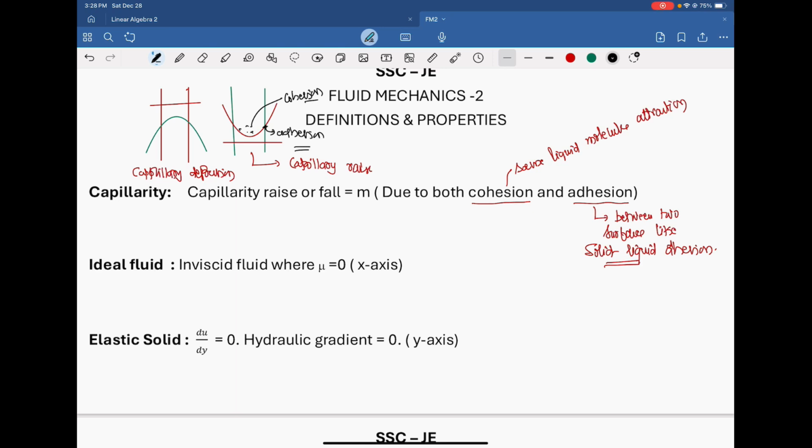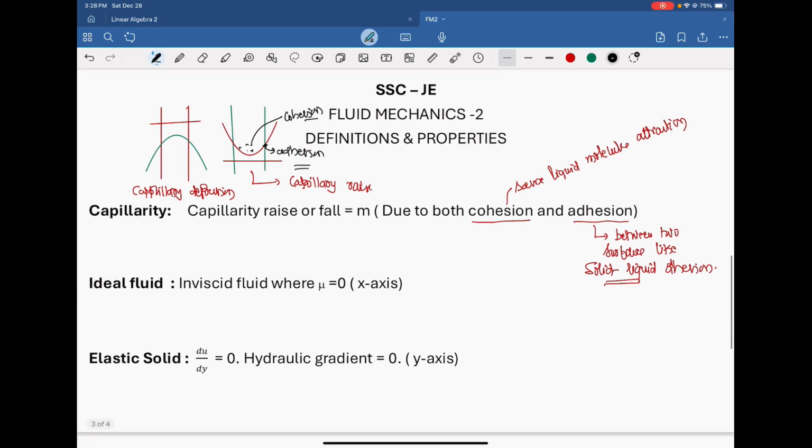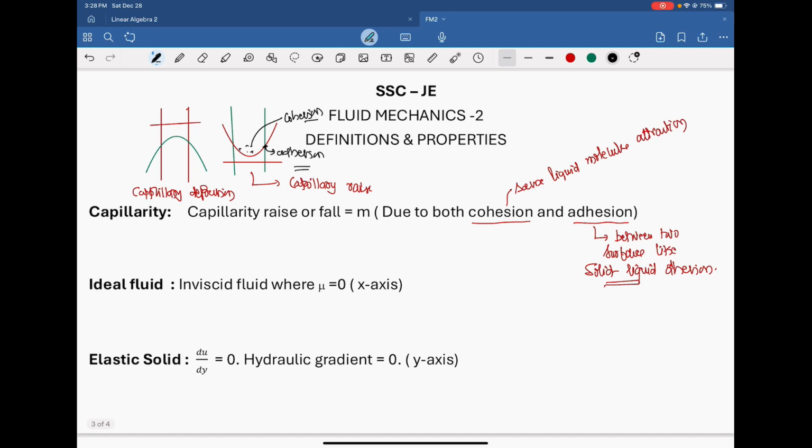Now, can we write a relation for this capillary rise or fall, which is measured in meter? That relation I will give only as a definition now.